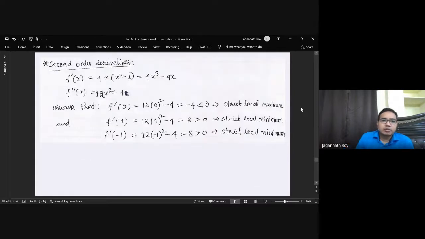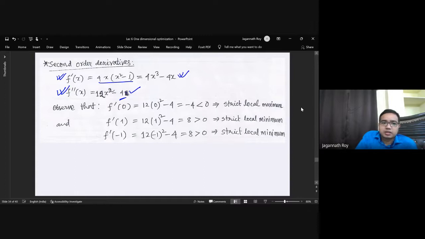Now we go for the second derivatives. So f dash x is this one, which we have found, and the second derivative f double dash will be 12x squared minus 4.